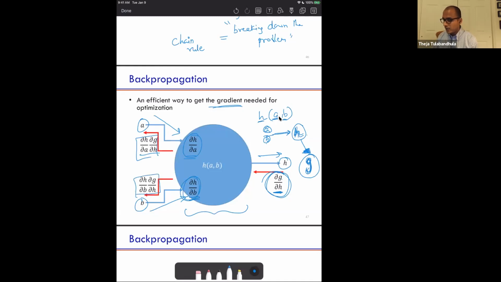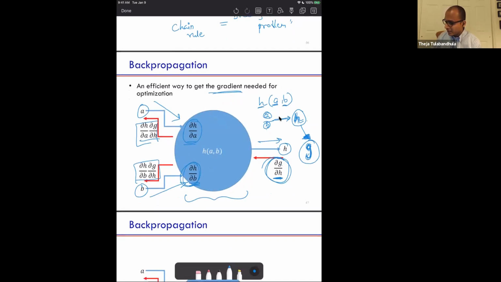So what is the objective here? I think I missed the objective part. We want to find the gradient of G with respect to A and the gradient of G with respect to B. The local gradients are known because the computation node H knows its function.